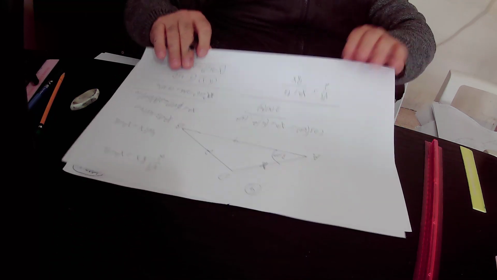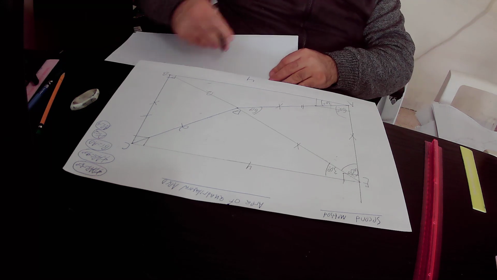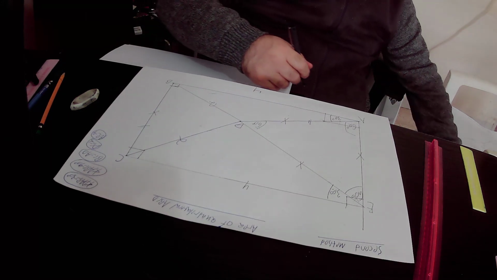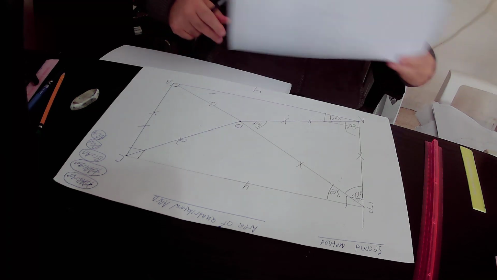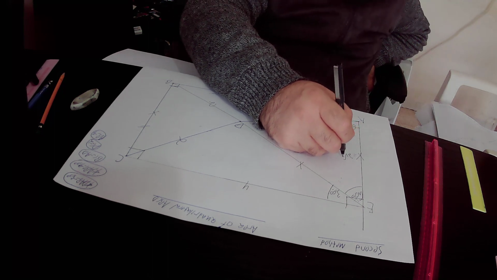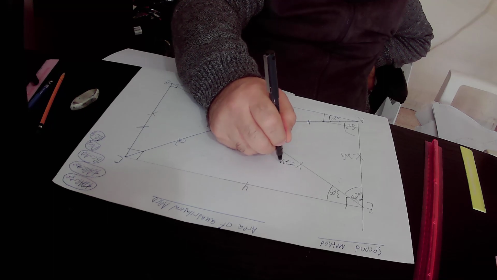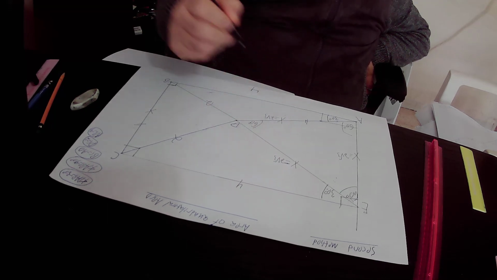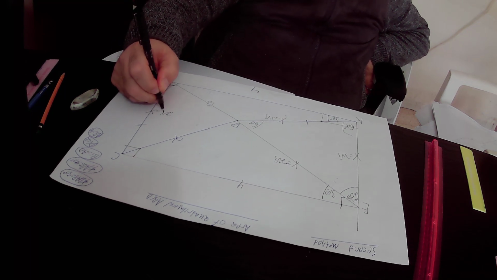So we can write here that x equals 2 times square root of 3 units, and in each of the other places, x also equals 2 times square root of 3 units.